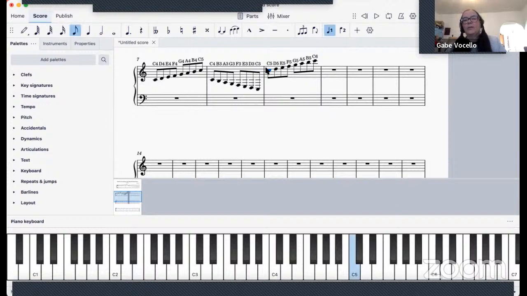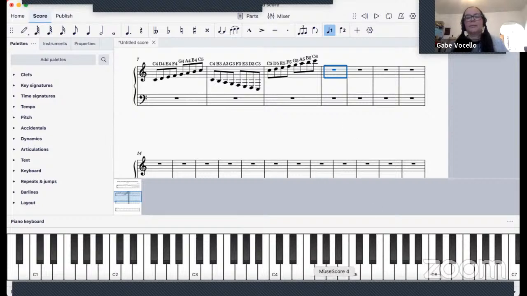You can see C5, D5, E5, F5, G5, A5, B5, and C6. C4, B3, A3, G3, F3, E3, D3, and C3. C4, D4, E4, F4, G4, A4, B4, and C5 on the treble clef.